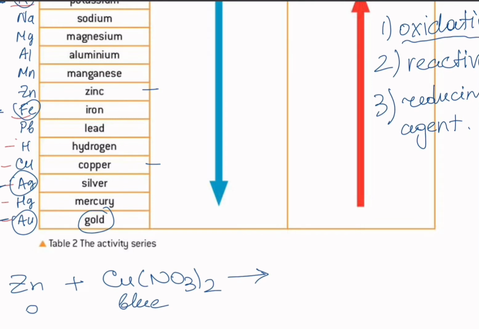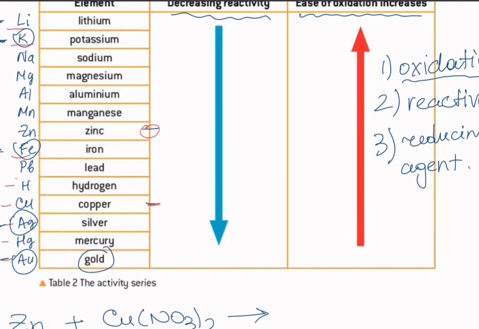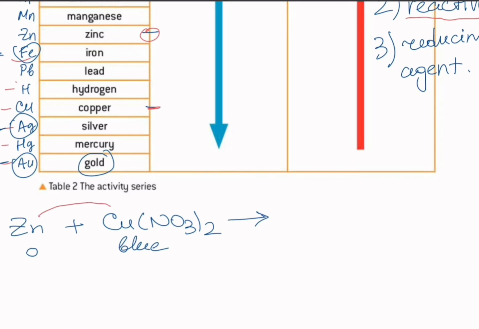As you can see, the zinc is located higher than copper, okay? So because zinc is more reactive, zinc is going to kick out copper, and then copper is going to be left out.